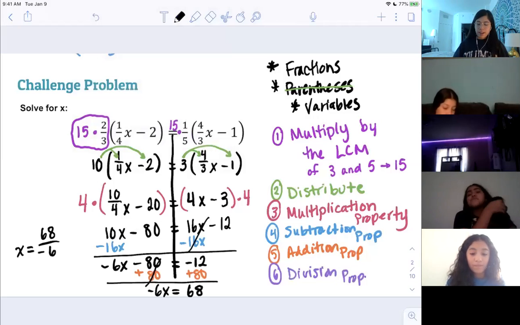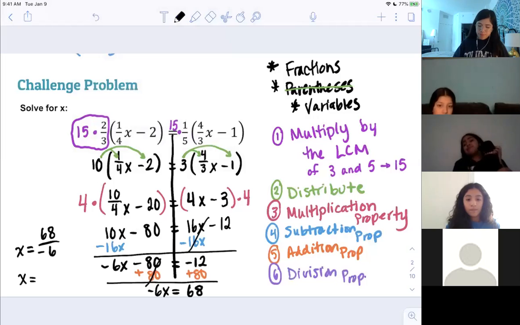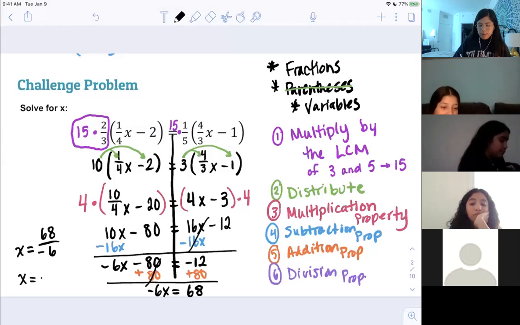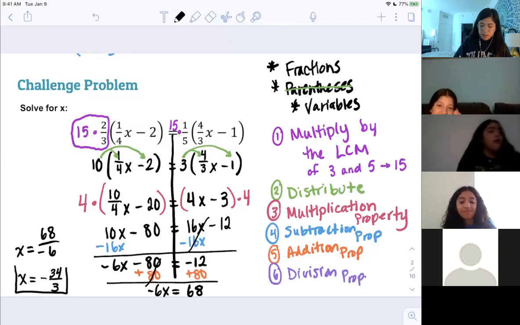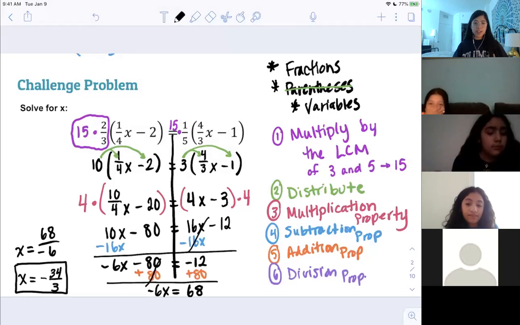So when I simplify, what can I get? 34 over -3, exactly. And since it's a fraction, when you have a negative in a fraction, it could either go on top, underneath, or outside. So I'm going to keep it outside. So -34 over 3. There we go. That was it.